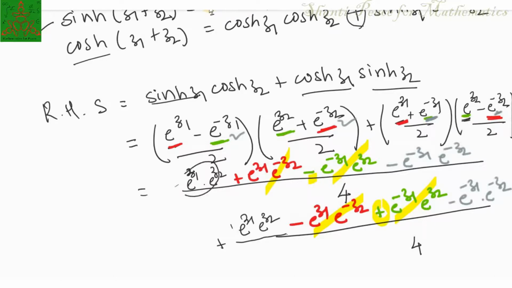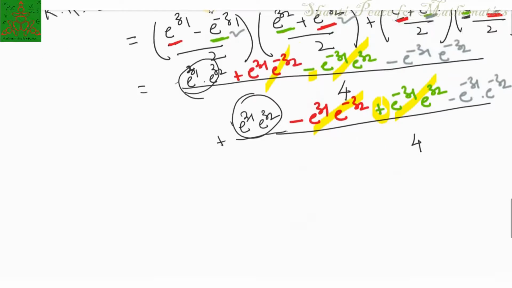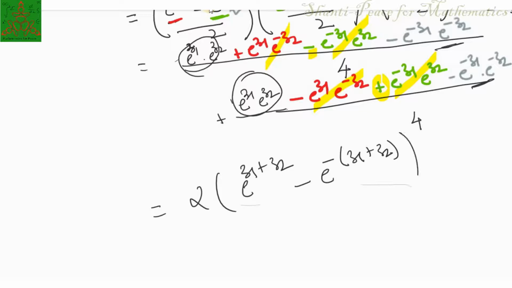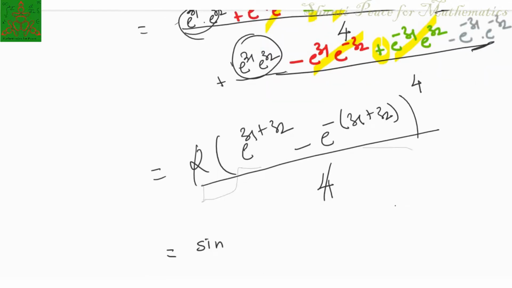These terms are coming 2 times, so we have 2 times e power z1 plus z2 minus e power minus of z1 plus z2. This term will add with this term, so that is also 2 times, divided by 4 because the LCM is 4, and the 2 will cancel out. So just observe what this quantity is: sine hyperbolic of z1 plus z2.